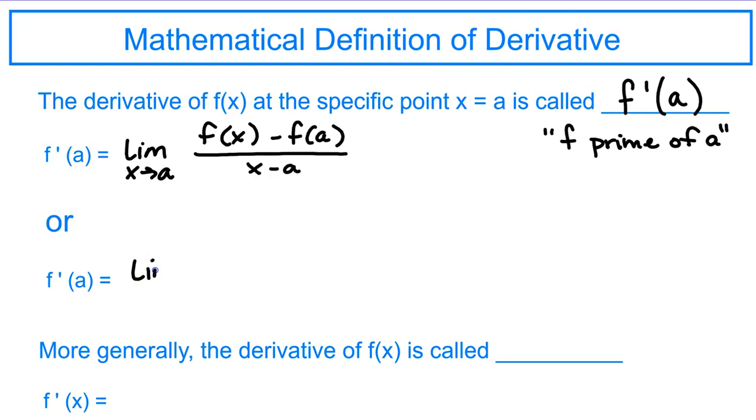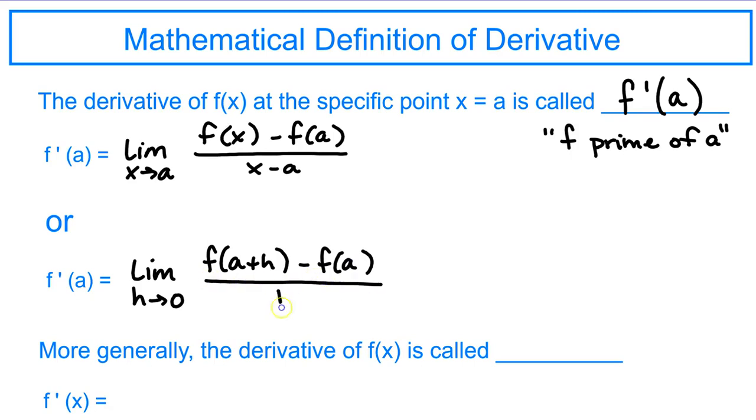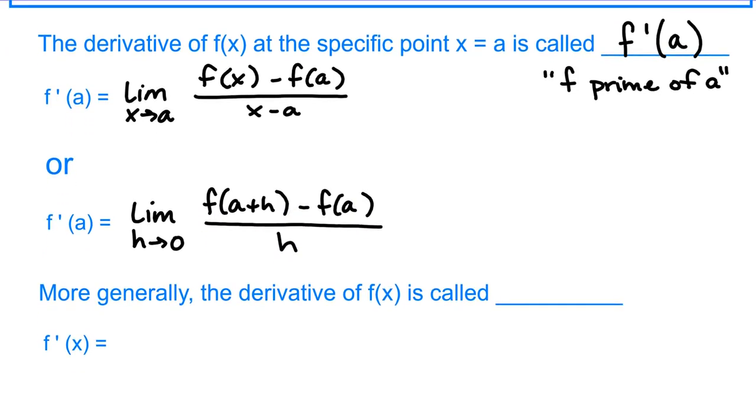F prime of a is equal to the limit as h approaches 0 of f of a plus h minus f of a over h. And as I said earlier, we've been using it to find something like f prime of 1, f prime of 2, f prime of 3. So we're using a specific number for our x value. We're calling it a, but we're using a specific number for a.